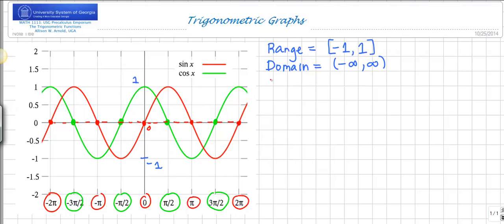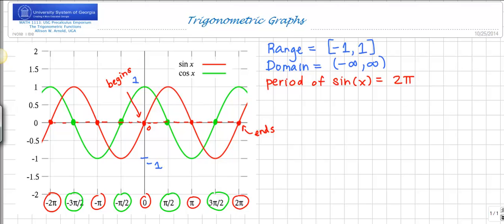The horizontal length of the repeating pattern is what we call the period. So the distance between where the cycle ends and where it begins, whichever one you pick, that distance is the period, the horizontal distance.